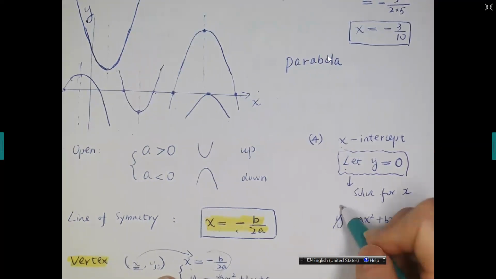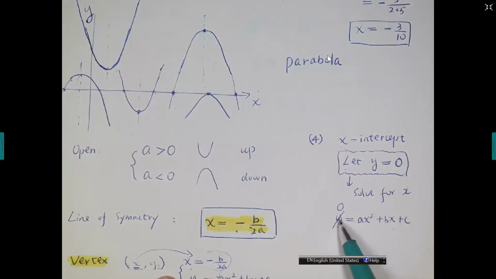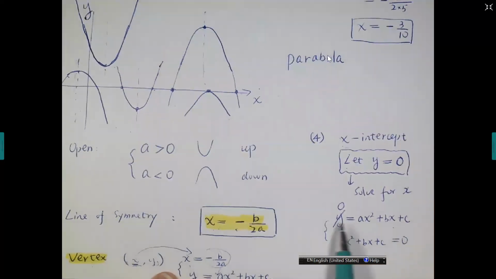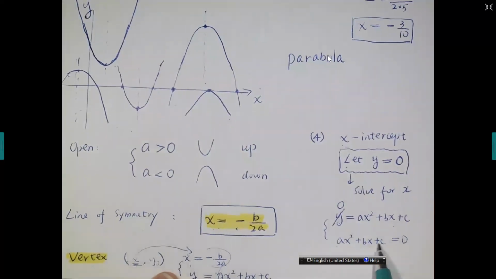If we let y be 0, what do we have now? We have a typical quadratic equation. So we could switch the two sides: 0 equals ax squared plus bx plus c, which is equivalent to ax squared plus bx plus c equals 0. Let y be 0, solve for x.